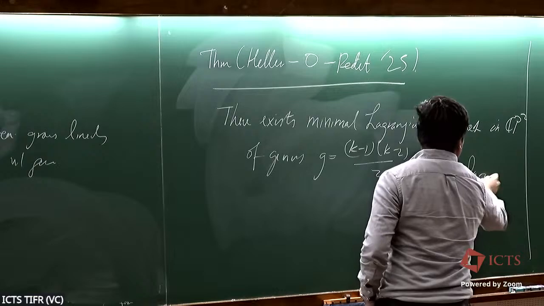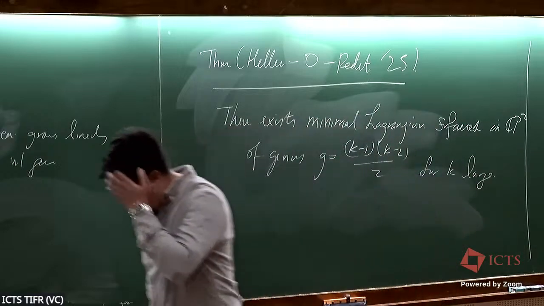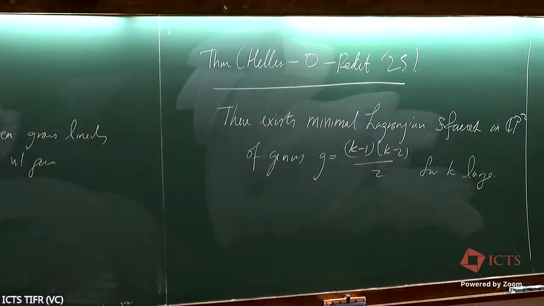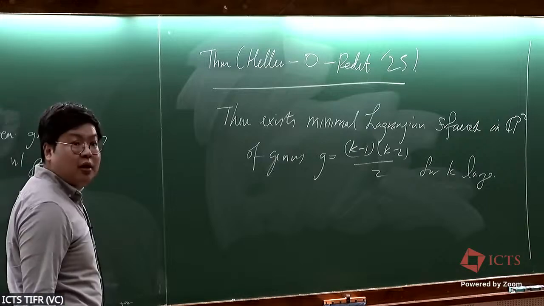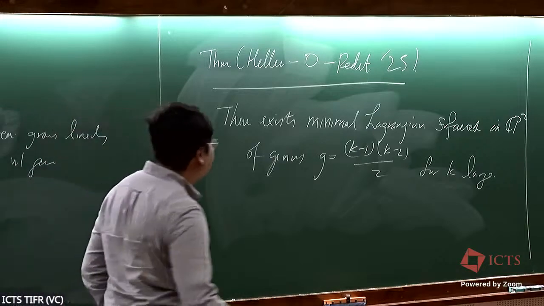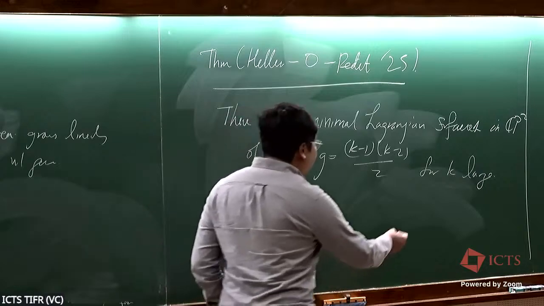Let me just pause here. If you're bored, you can see that there are even g's you can get. If you take k to be 1 mod 4 or 2 mod 4, then you see that g is even. And there are also odd examples, of course. k has to be large.